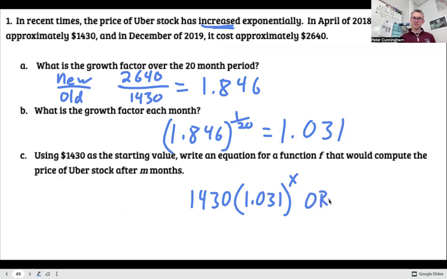I can also write this as that starting value. If you did the computation to get 1.846, you went to the power of X divided by 20, your months divided by 20. You could use M for months as well.